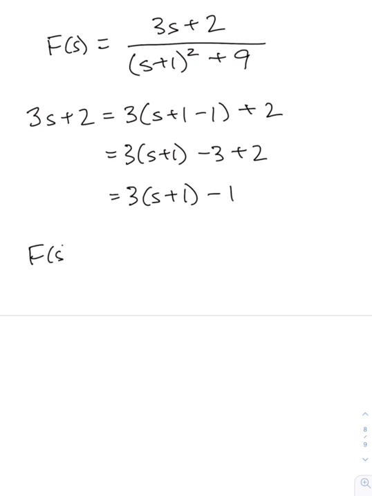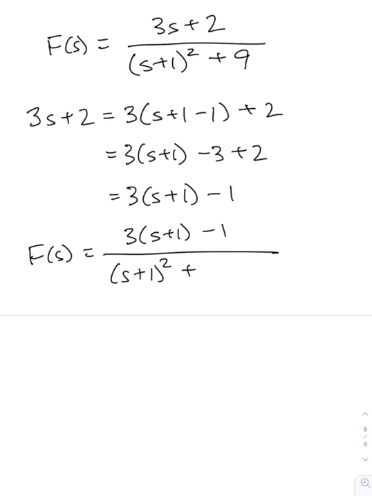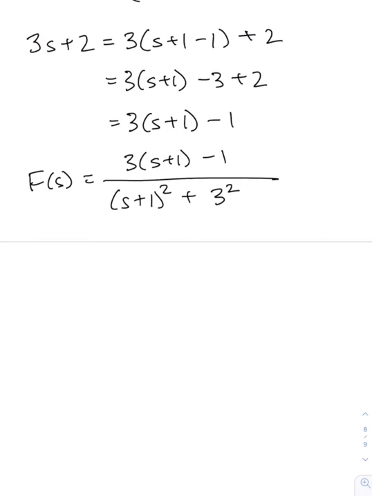So now I have capital F of s is equal to (3 times (s plus 1) minus 1) divided by (s plus 1) squared plus, let's write that 9 now as 3 squared. Could have done that at any point previously. And now I've got the s plus 1, and now I can split that fraction up into multiple fractions.